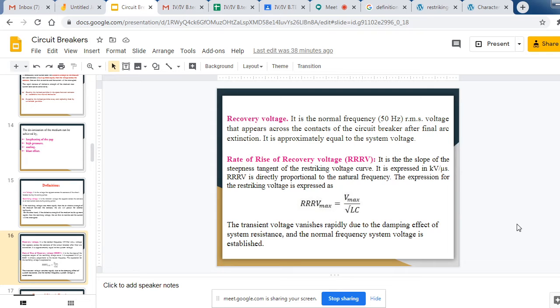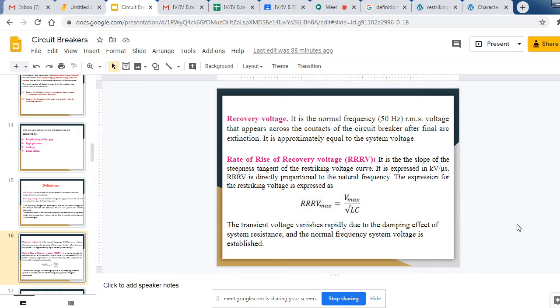The high resistance method is applicable only for DC circuits, though of course also for small, lower capacity AC applications. But there is a big setback with the high resistance method, because a huge amount of energy is dissipated there, so we are losing power. Because of that, it is restricted to DC circuits. Then we came to the low resistance method.